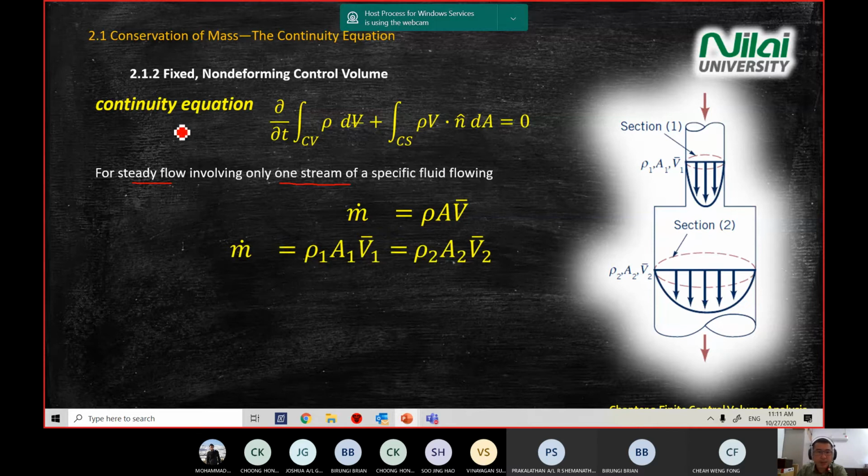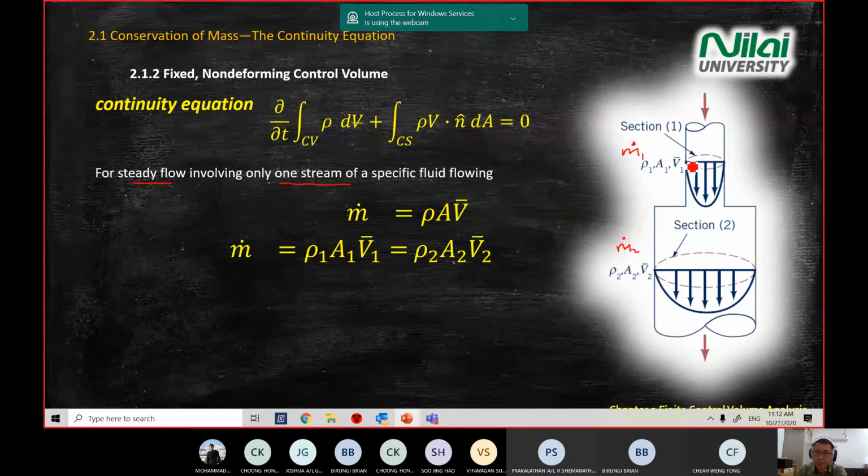Because of the continuity equation, m dot here in section 1 will be equal to m dot here at section 2. Whatever mass comes in here will continue in section 2.